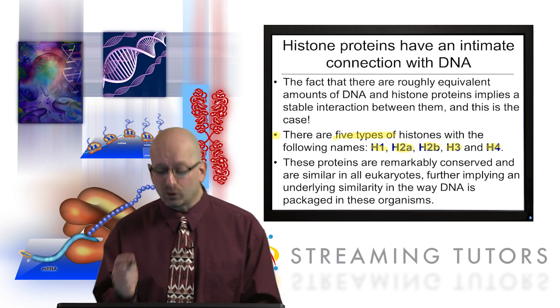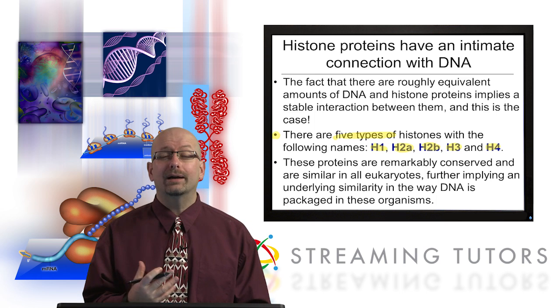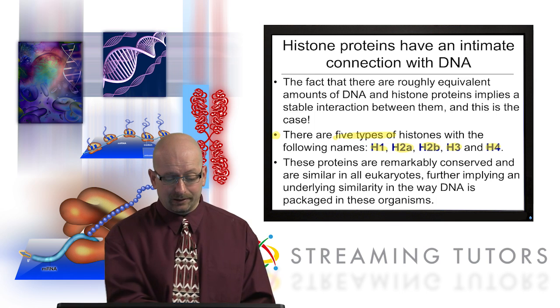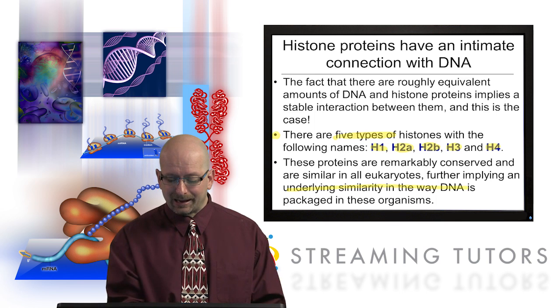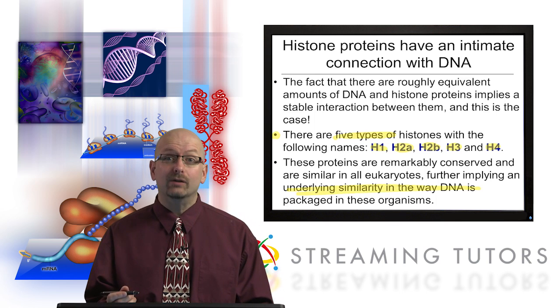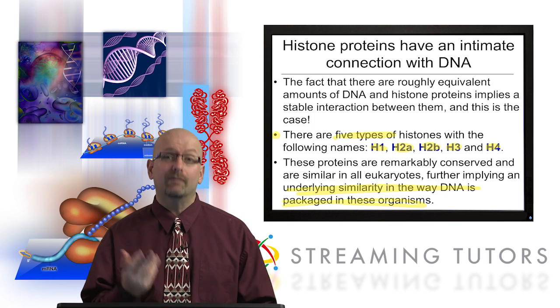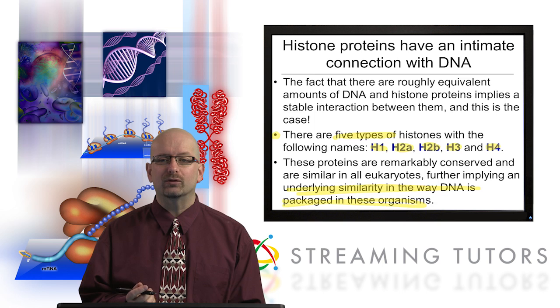So this also implies that there's a long evolutionary history between these things, and it implies that there's a fundamental similarity in the way that DNA is packaged in all eukaryotes. Fundamentally, it doesn't mean there are no differences.